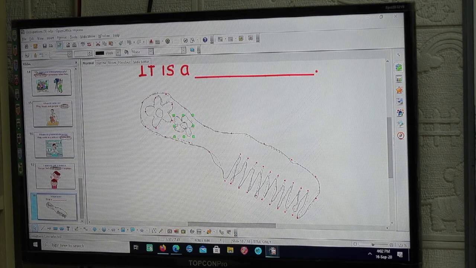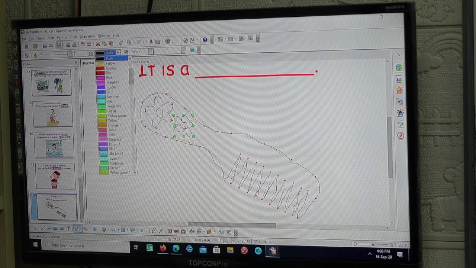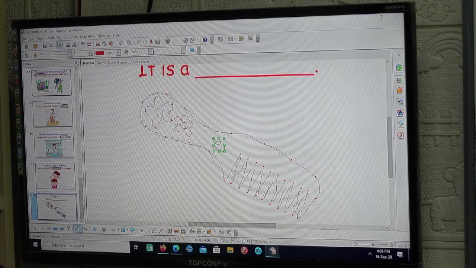At the same time, please color this picture a little bit to complete it. You can color any color you like. Never mind.